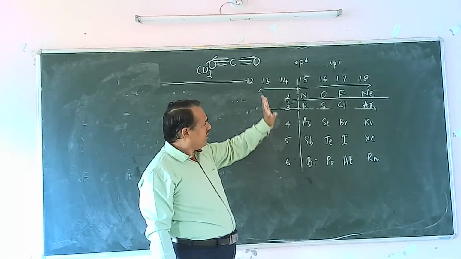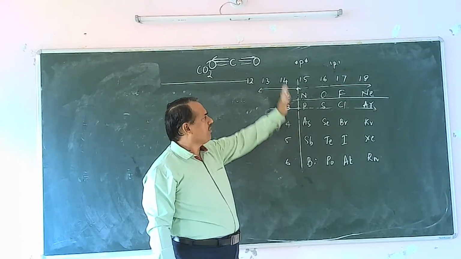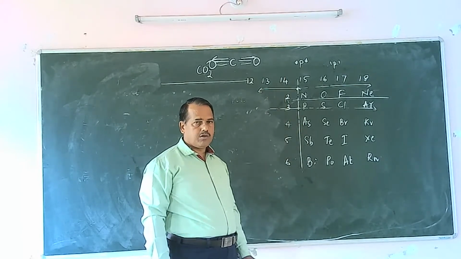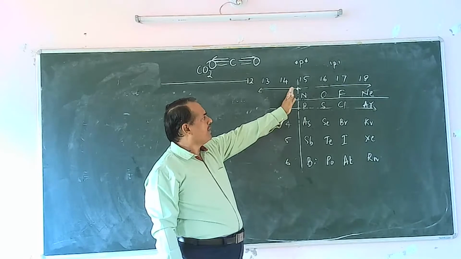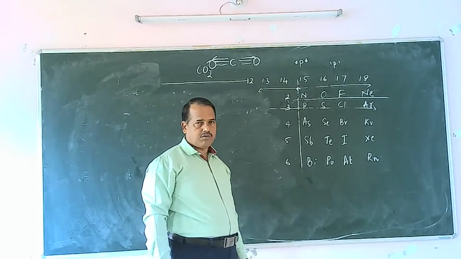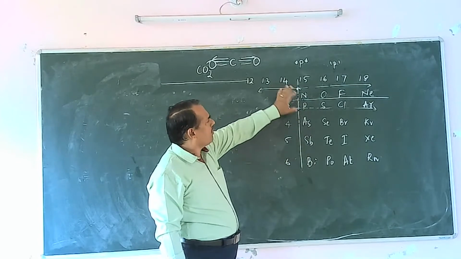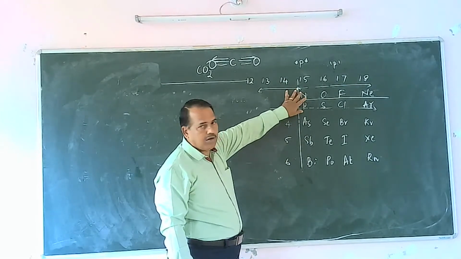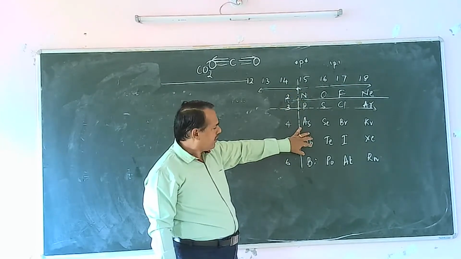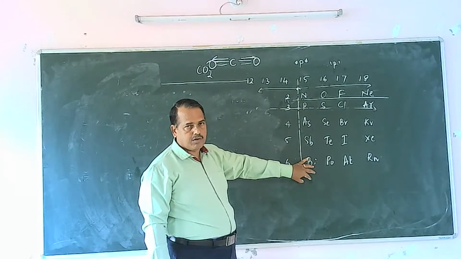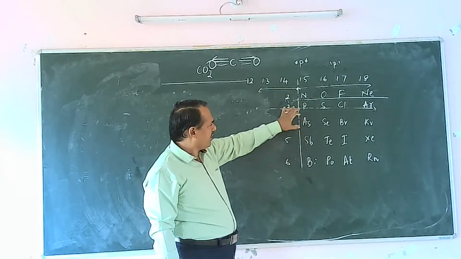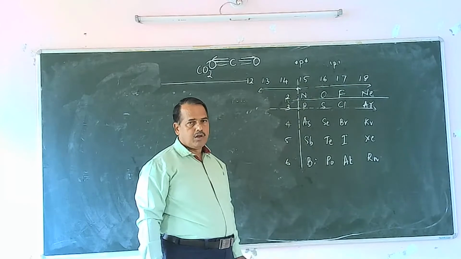We already said there is a diversity in the properties of p block elements. Generally, we say p block elements are non-metals, but in 15 group itself, we find non-metal, metalloid, and metal. Why does this diversity take place?